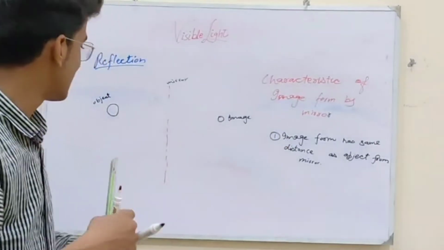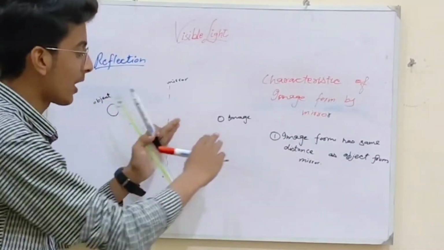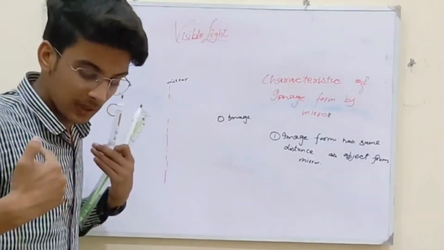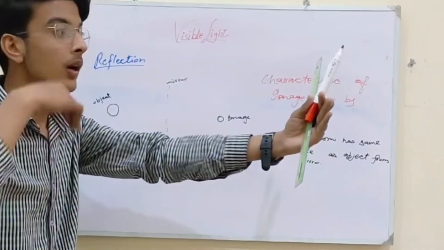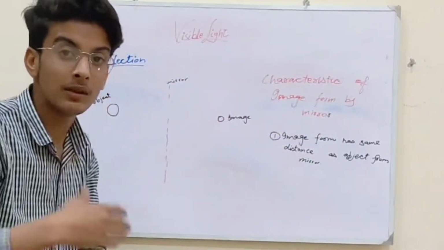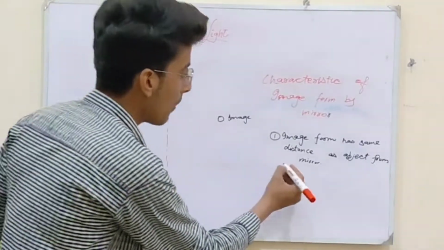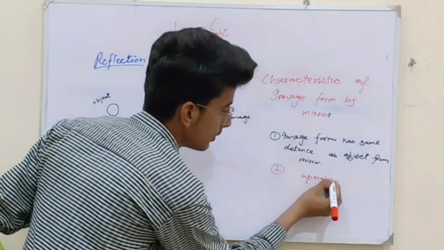And second is that the image formed is upright. If I'm standing, my legs are down and my head is up. If I look in a mirror, the same happens: my legs are down and my head is up, meaning it's upright. Number two, upright.